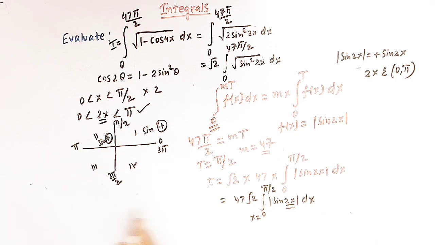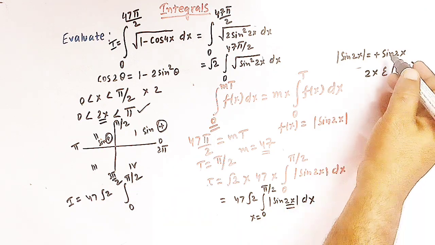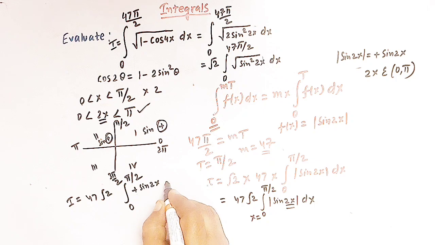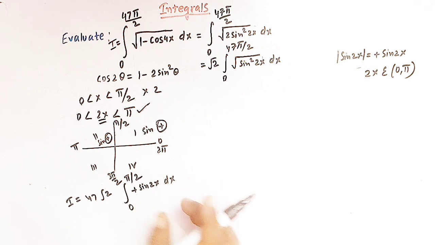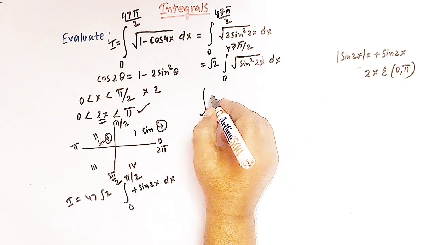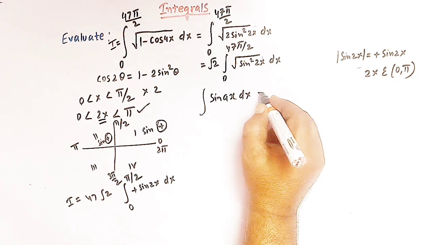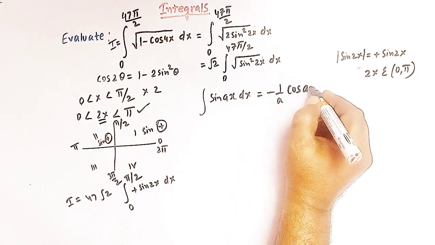So now this integral I takes the form 47 root 2, 0 to pi by 2, and mod of sine 2x is given by positive sine 2x dx. Now we have an easy integral here, and we know that integral of sine ax dx is given by minus 1 over a cos of ax.